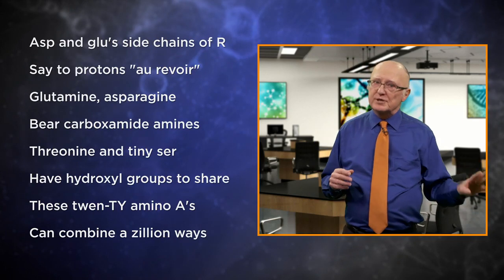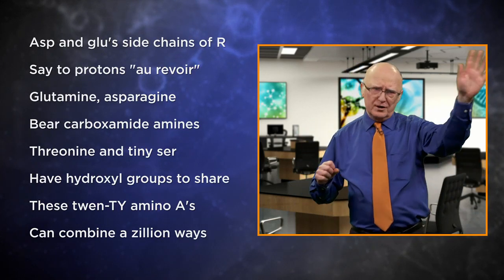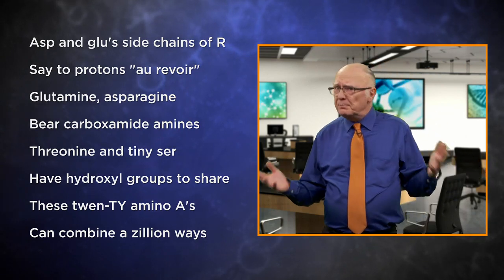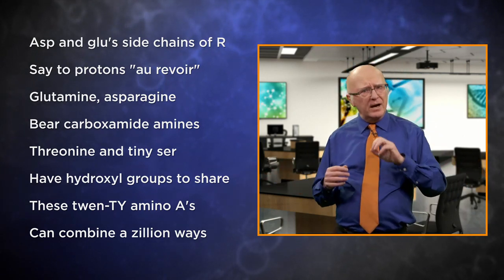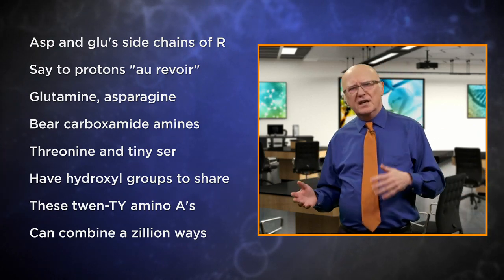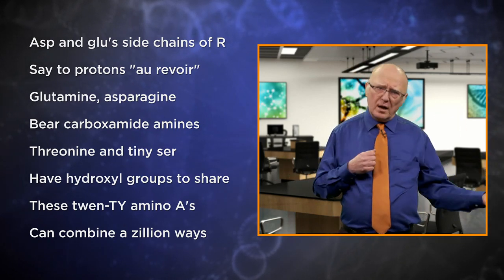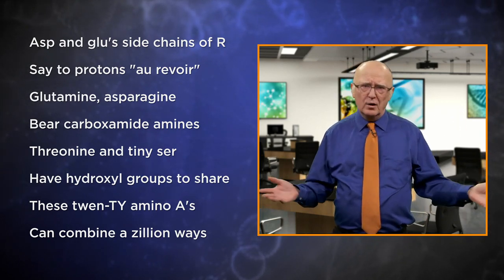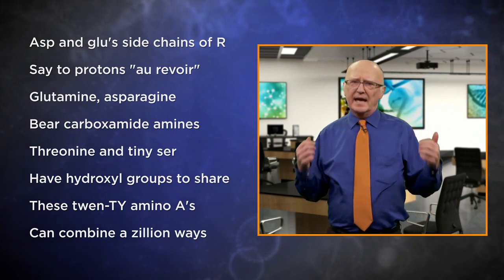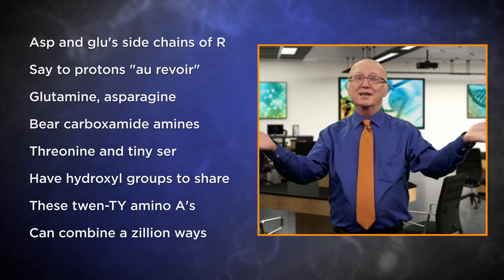Asp and glu side chains of R, say to protons au revoir. Glutamine, asparagine, bare carboxamides. Threonine and tiny ser have hydroxyl groups to share. These 20 amino acids can combine a zillion ways.